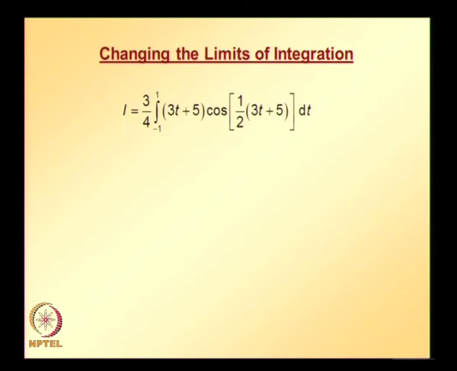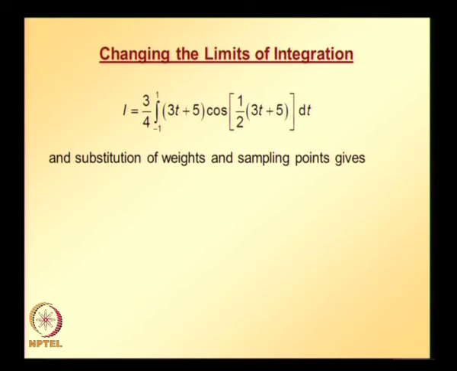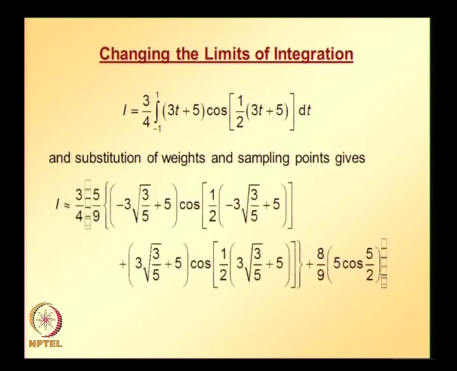So, substituting the change of limits into the previous equation of the integral, we get this equation, and on substitution of weights and sample points, we get this approximation. Actually, there is some problem with the font again, brackets are shown as some blocks there.